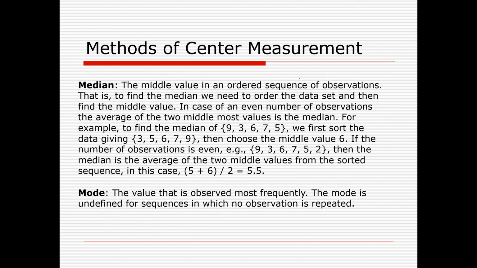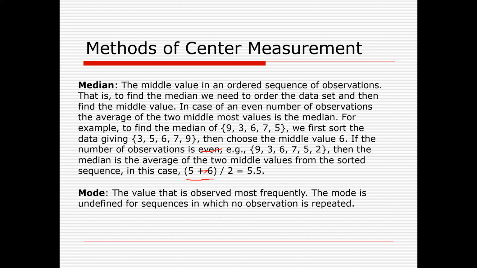I don't believe I need to be explaining this again. We arrange the observations in increasing order or decreasing order, and the one at the middle will be your median. In a situation whereby you have 2 values at the middle, like this, having 5 and 6 at the middle, you add the 5 and 6, you divide by 2 to get your median.